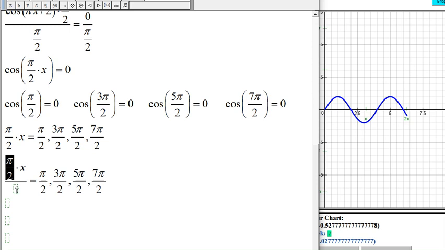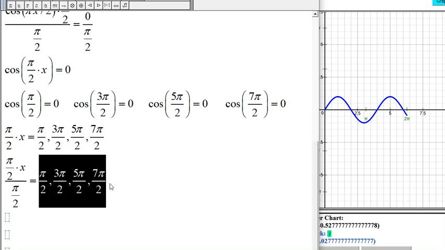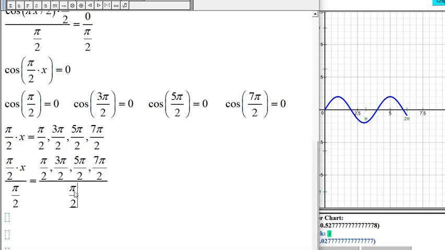So divide by 2, and then divide all of this by pi over 2. And so we get x equal pi over 2 divided by pi over 2 is 1.